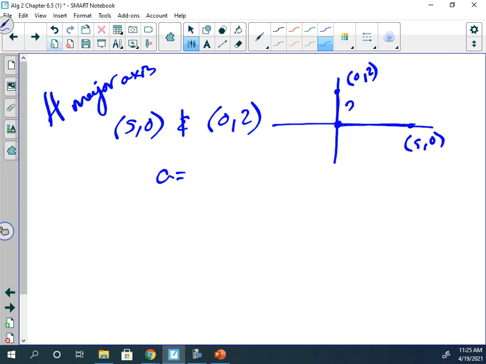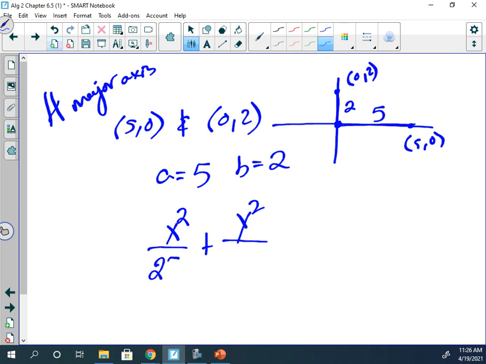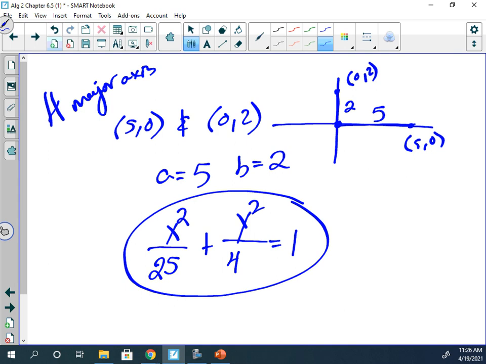We have this length of 2 and this length of 5, so A would be 5, B would be 2. Since we still know it's on the origin, x squared and y squared, below x we would have 5 squared, which is 25. Nope, because it wasn't talking about the foci.